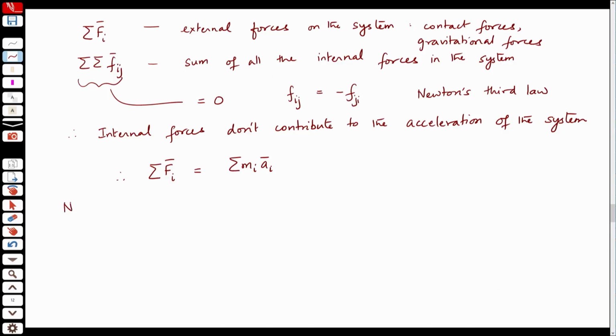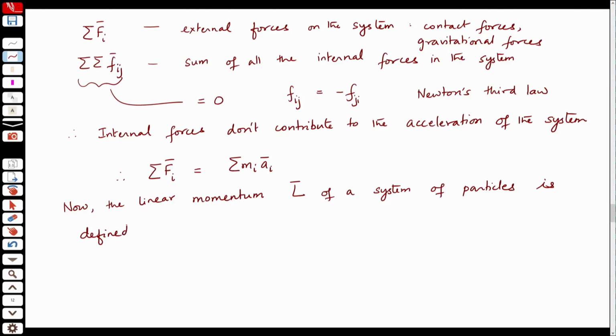Now, the linear momentum L of a system of particles is defined as L equal to sigma Mi Vi.